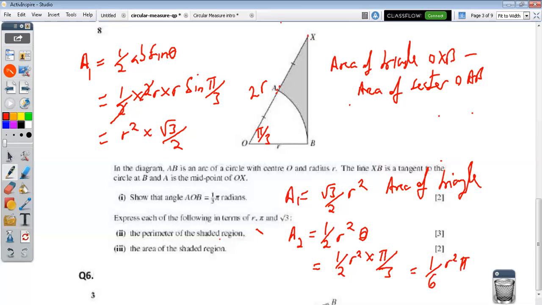So we're saying the area of the triangle, which is root 3 over 2 r squared, minus 1 over 6 r squared pi, the area of the sector. Okay, you're allowed to leave it exactly like that.